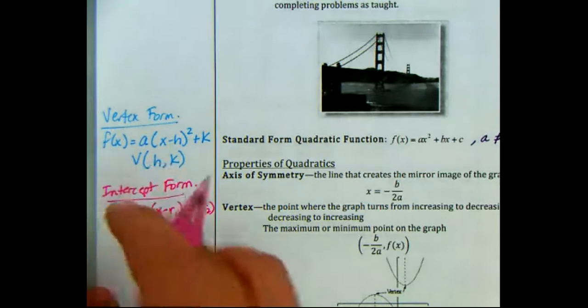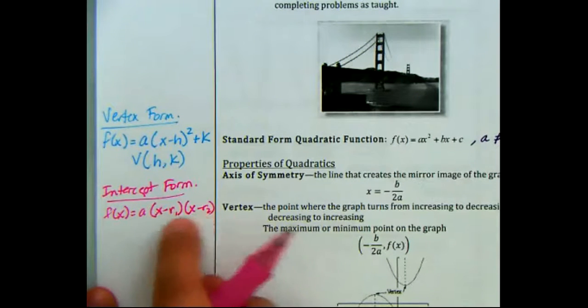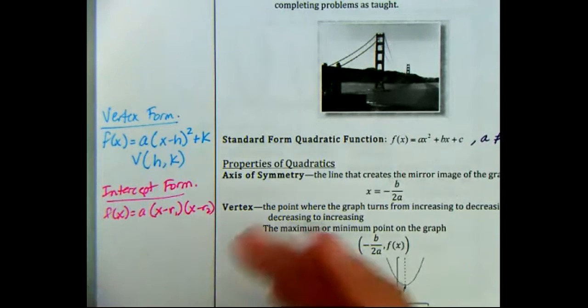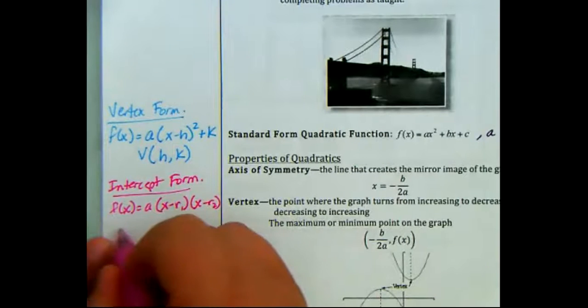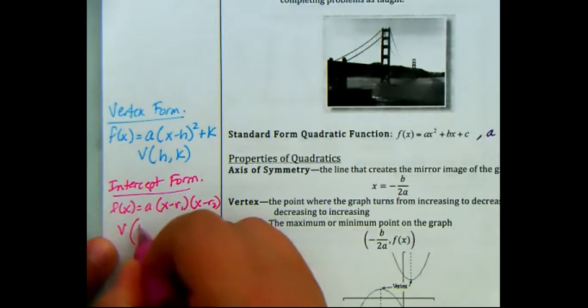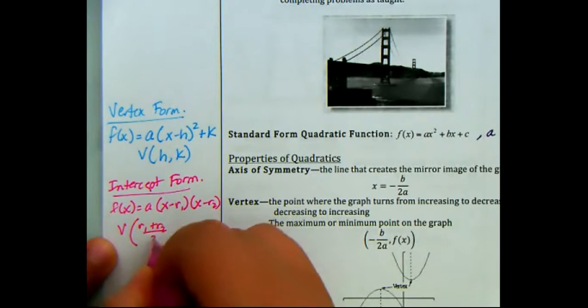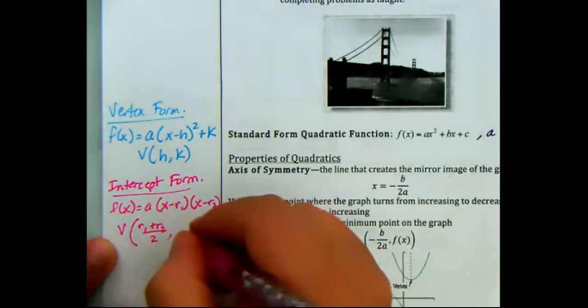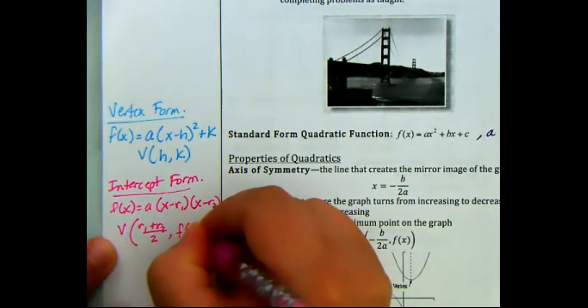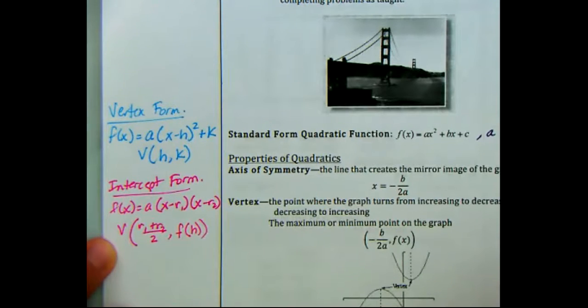And to find our vertex, we had to do an average of our roots here because our vertex ends up falling right in the middle of them. And so to get our x, we would do R1 plus R2 divided by 2. And then whatever that was, it would essentially be our f of h here.